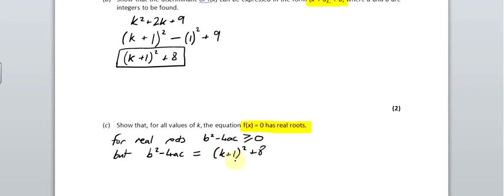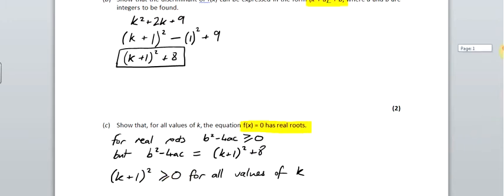And when we look at this, you can see that the only thing that can change is the bit with k in it here, and k plus 1 squared has got to be greater than or equal to 0 for all values of k. And you can see that because you're squaring it. So whatever you put in for k, even if you put in a negative number or a decimal or a fraction, when you square it you're going to get a positive number out.